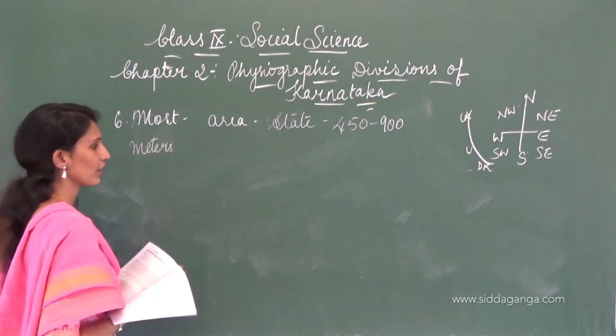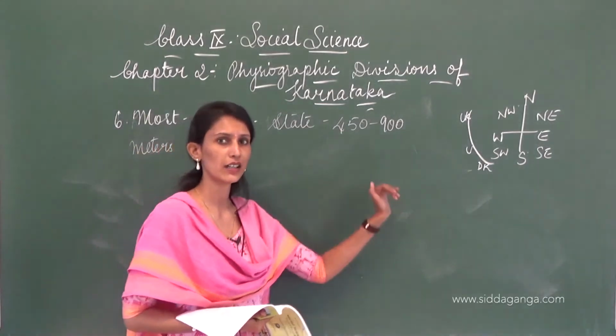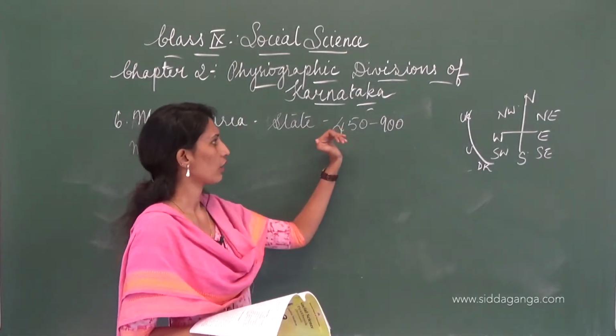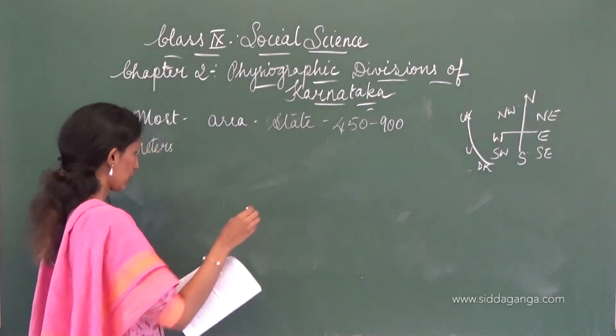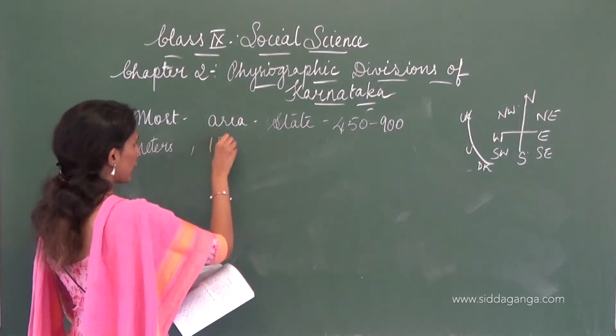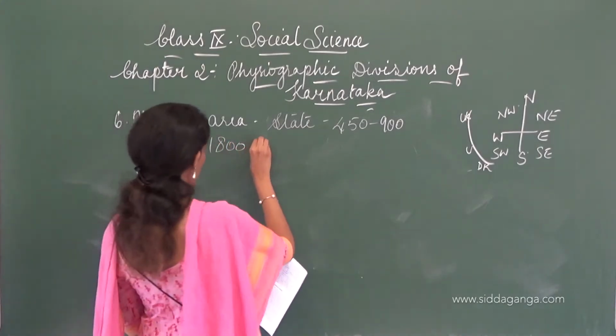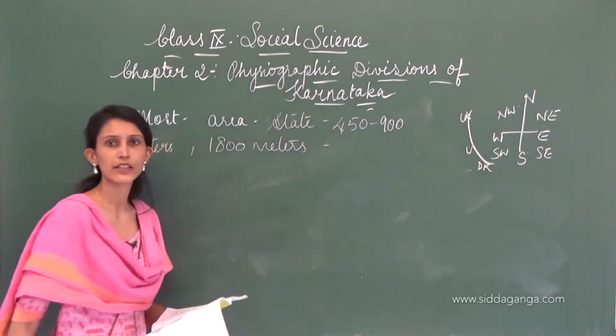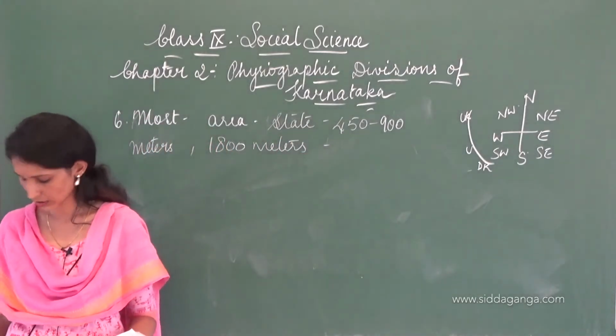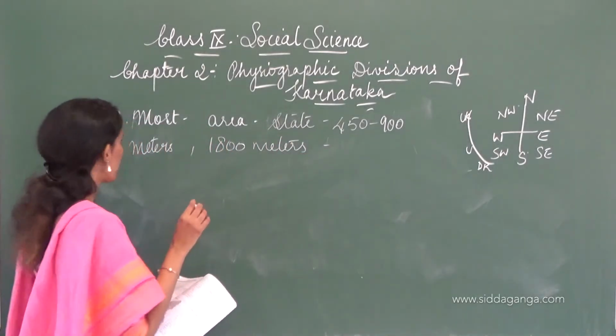Now there is an altitude that you have to measure. We are slightly above the sea level, up to 400 to 900 meters. Now there are some areas which are more than 1800 meters above the sea level. Okay, there are some areas, not all.